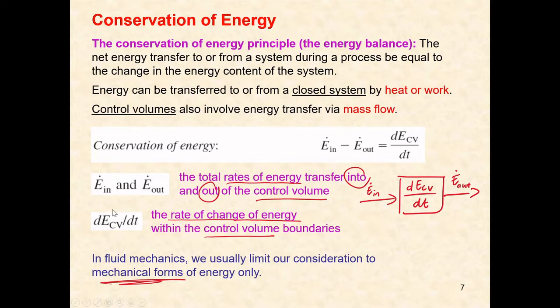So the change of energy in the control volume with time is the rate of change of energy within the control volume boundary, whether increasing or decreasing depending on the ingoing minus the outgoing energy. In fluid mechanics, we usually limit our consideration to mechanical forms of energy only. We'll look into what the mechanical forms of energy are.